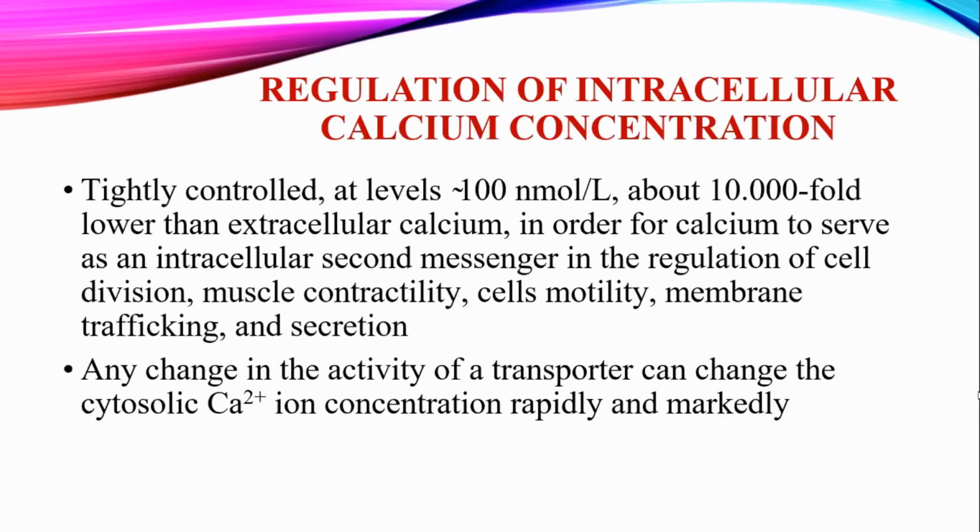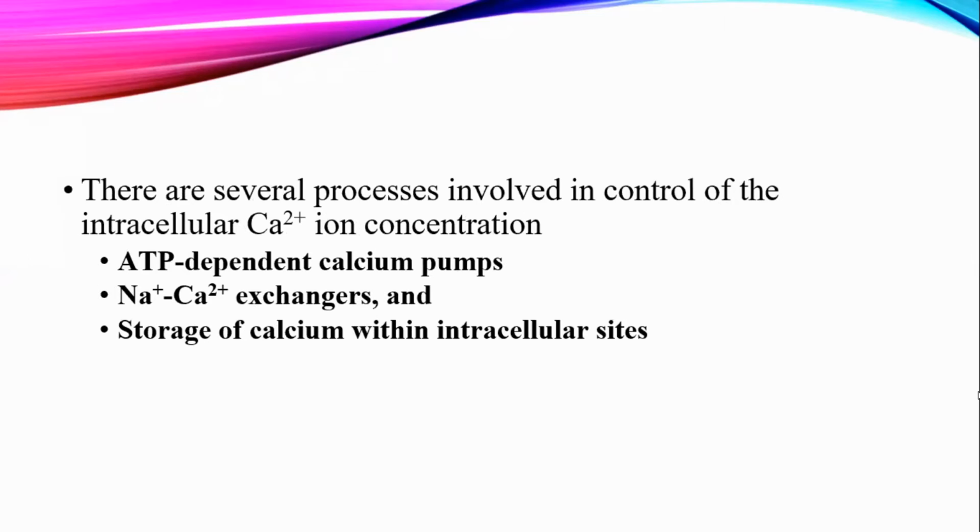Generally, the intracellular calcium concentration is maintained by calcium transporters, and some of the calcium is also stored in suborganelles of the cells. There are several processes involved in the control of intracellular calcium ion concentrations.